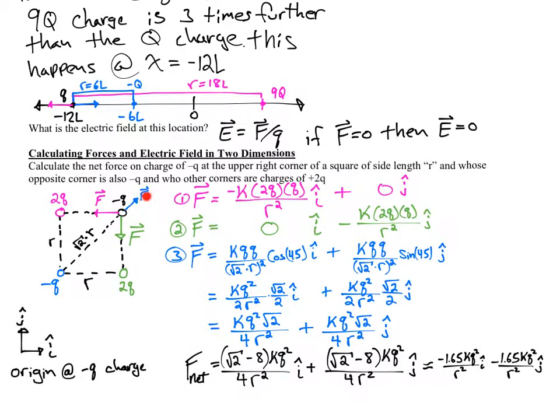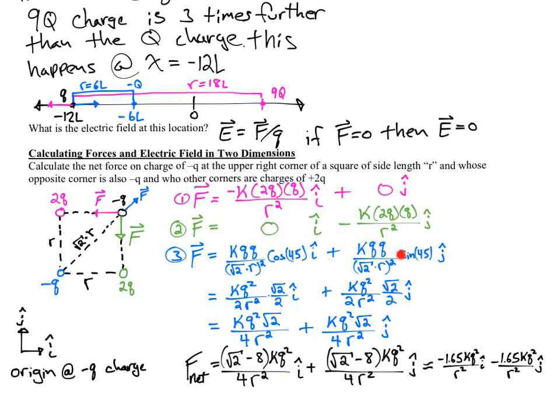Force number 3 is a little trickier because it's not in the i or j direction. So we do kqq over r squared, and r this time is the diagonal of our square. So it's rad 2 times r, squared. And then the i component of this, I'd multiply by cosine of 45 because this force here is at a 45-degree angle. That's what you get when you cut a square in half.